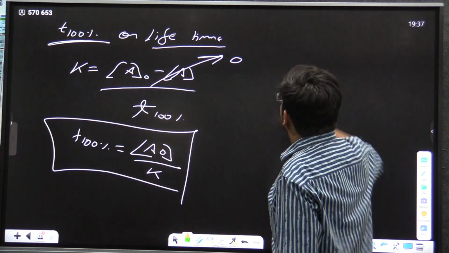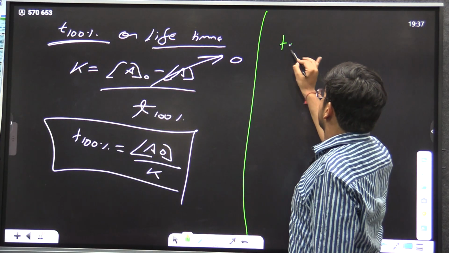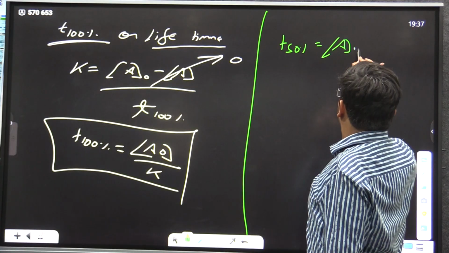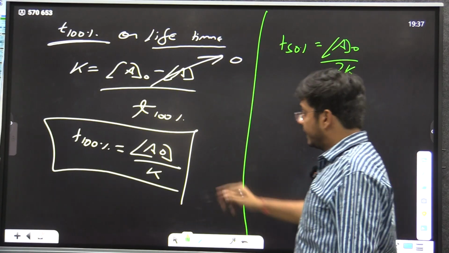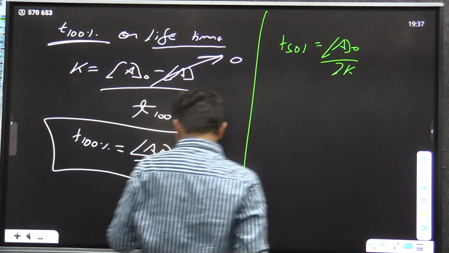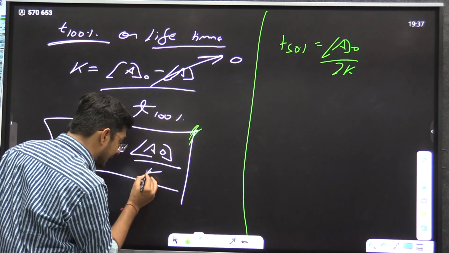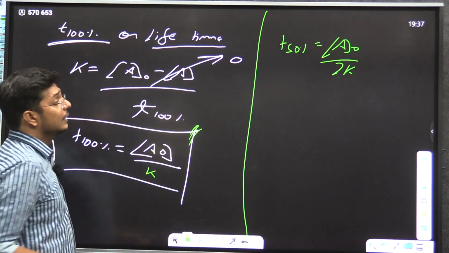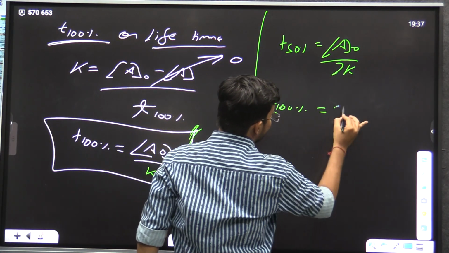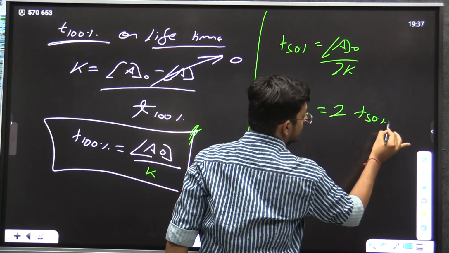Okay. Then we can also say that, sir, T 50% for the zero order is A naught by 2K, and sir, T 100% is this. So, sir, can we relate the relation between this? Yes, why not? We can say that the T 100% is twice the T 50%.